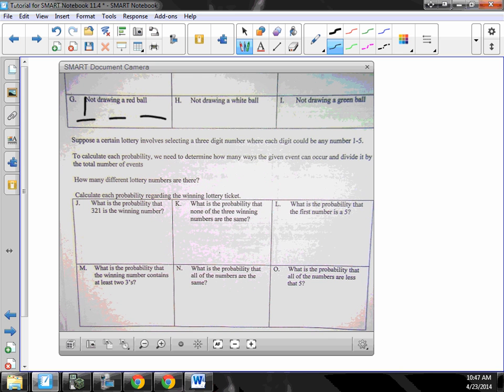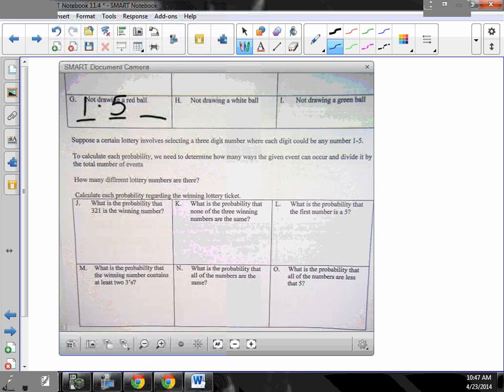What about the second number? Am I allowed to reuse a 5? Sure. So it could be a 1, 2, 3, 4, or 5. So there are 5 options. What about the last number? I still have 5 options.